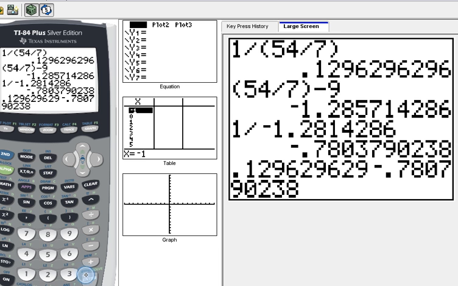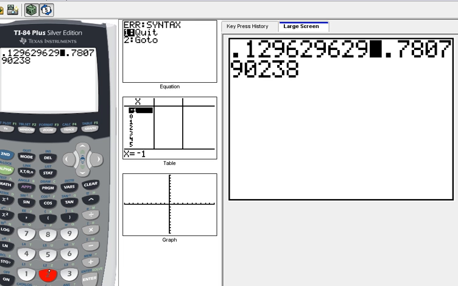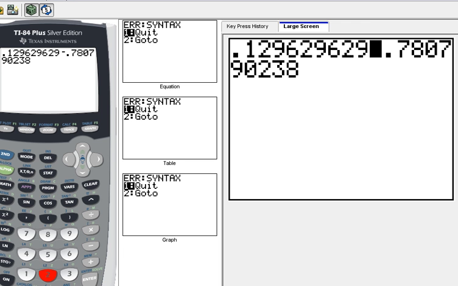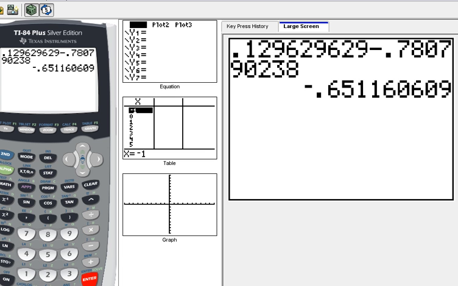Oh, I hit something wrong. We wanted that to be minus. There we go, so we had a negative number.